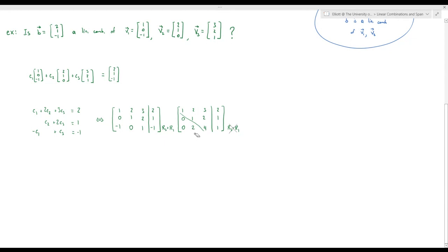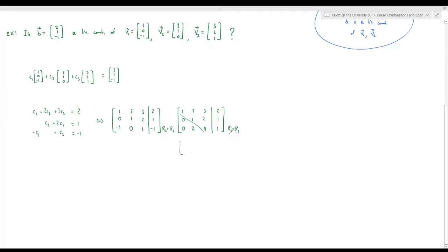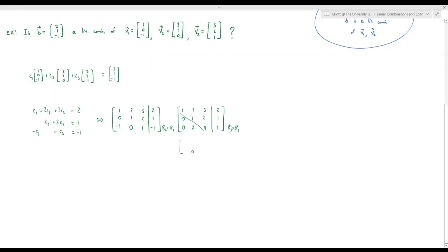If you did do row 3 minus row 1, you would get a 0 in the third row here as we wanted. But notice you would also have to do 0 minus 1. So you would have lost this 0 that you created earlier if you were to do row 3 minus row 1.